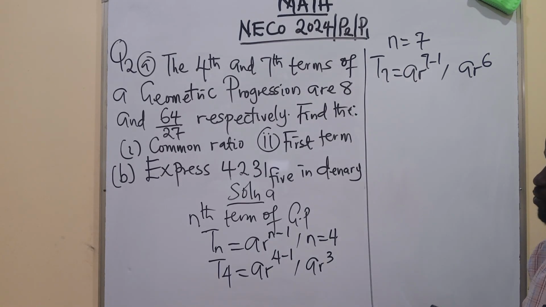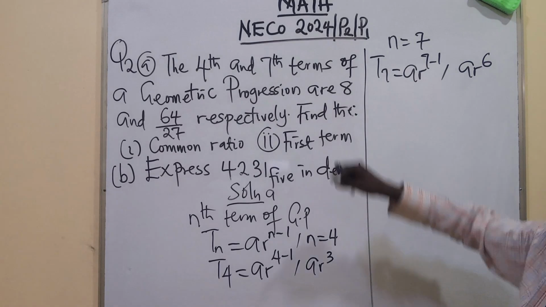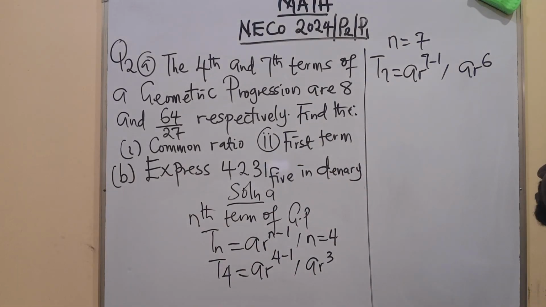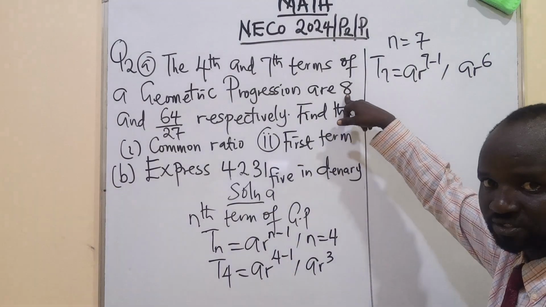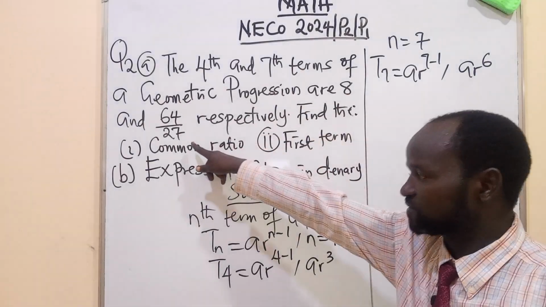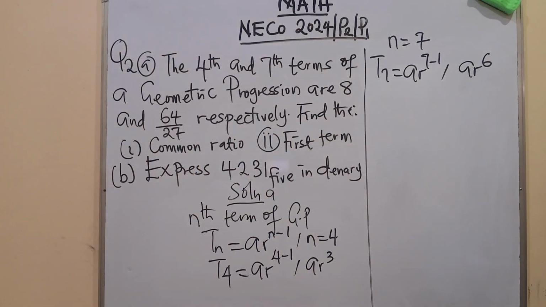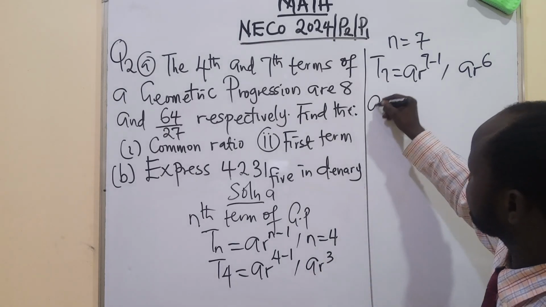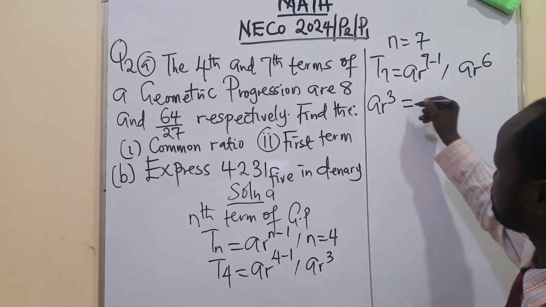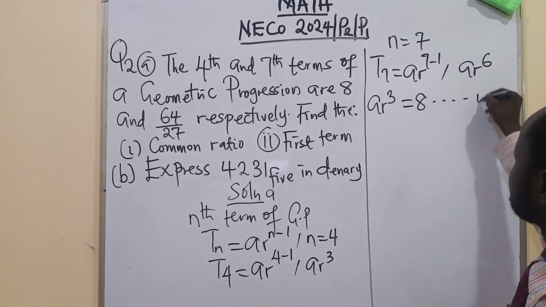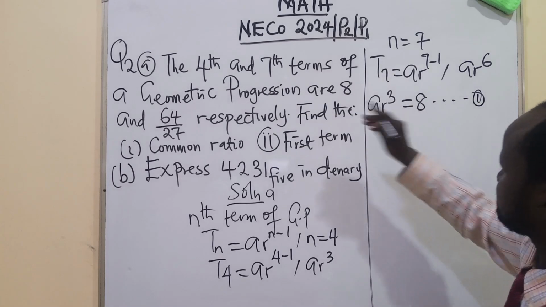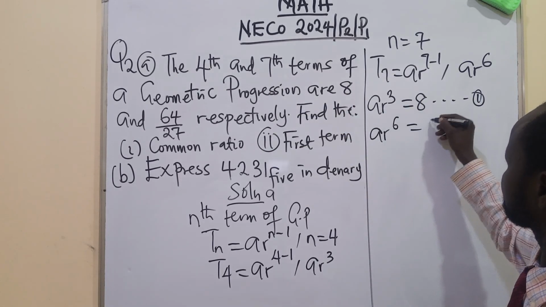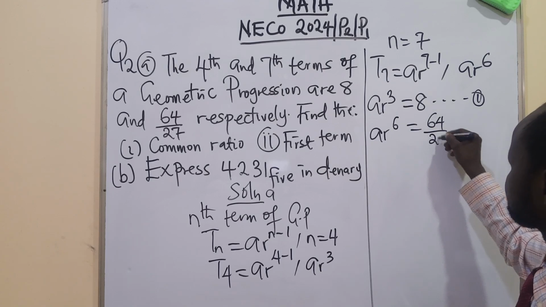From the question, we are told that the fourth and the seventh terms are 8 and 64 divided by 27. So it means this 8 is for the fourth term, and this 64 divided by 27 is for the seventh term. So T4, which is AR power 3, will be equal to 8. Let's call this equation 1. T7, which is AR power 6, will be equal to 64 divided by 27.